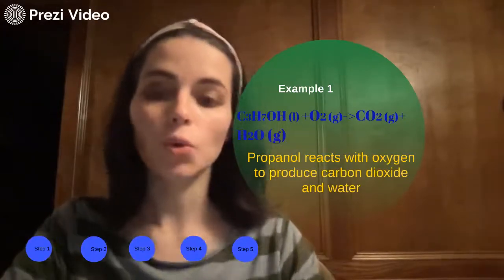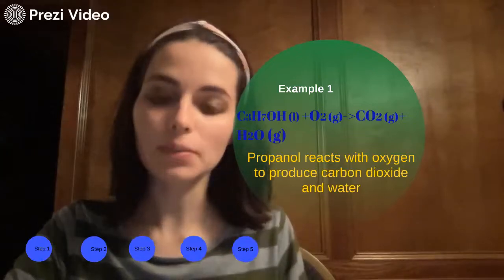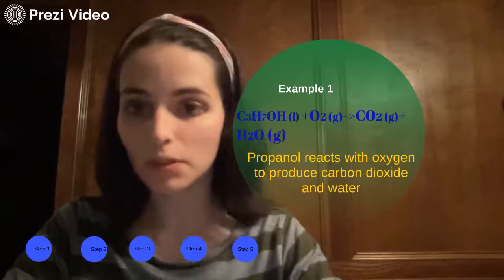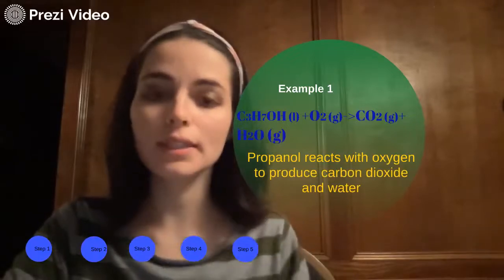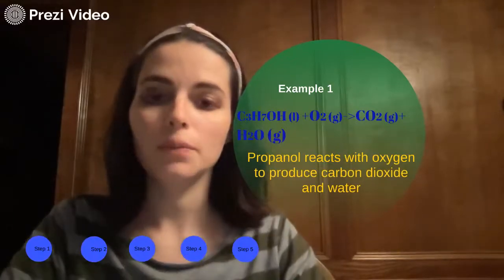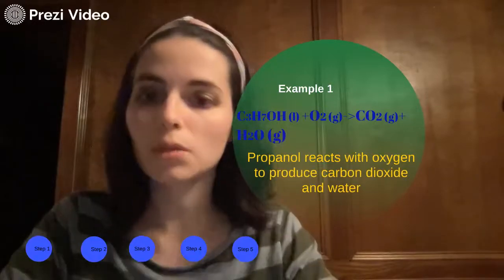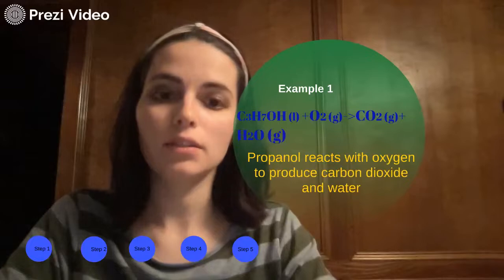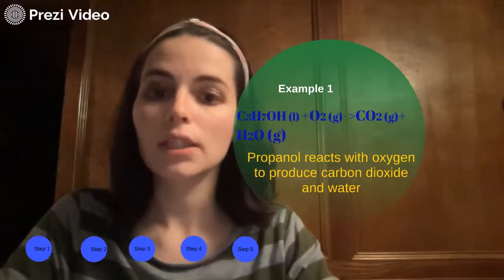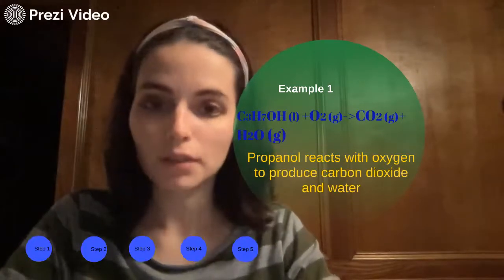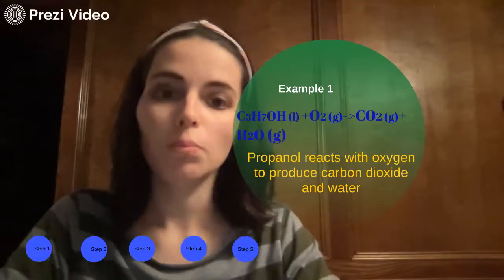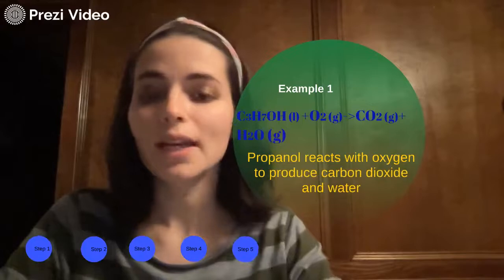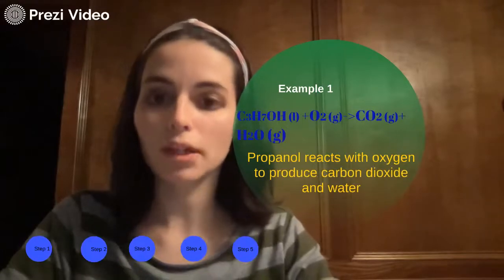So the answer is you always start with atoms that occur in more complex substances. If you look at this equation, you see that the most complex substance here is propanol, right? And propanol has carbon, hydrogen, and oxygen, but carbon also occurs in carbon dioxide, and it makes sense to start with carbon.